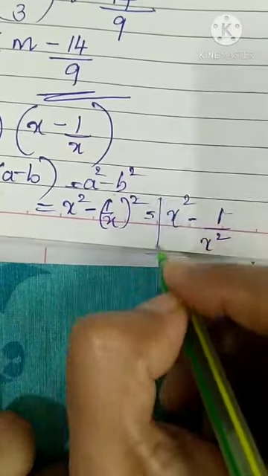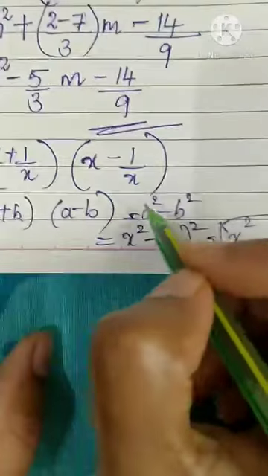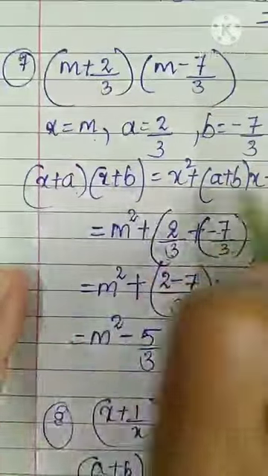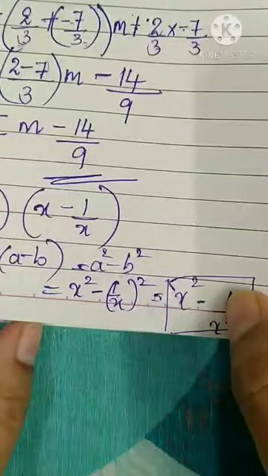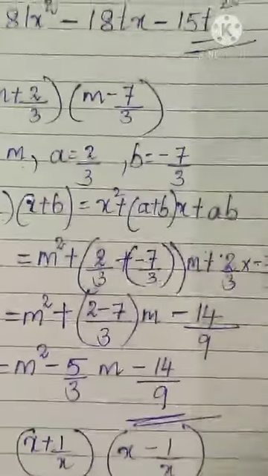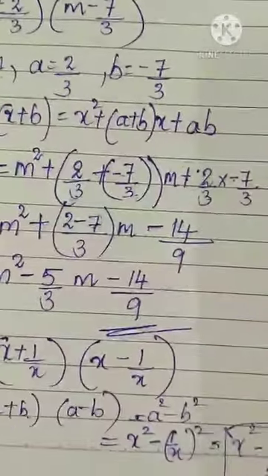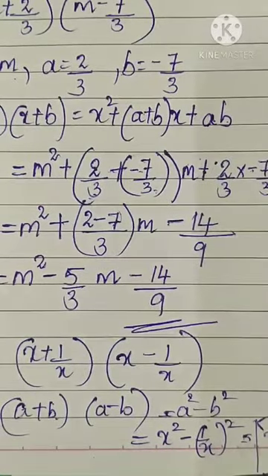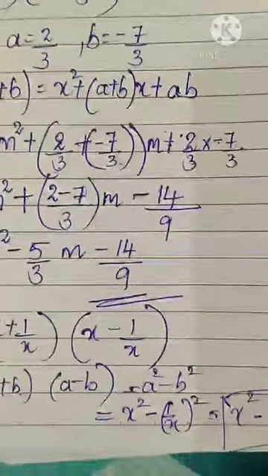So this is the answer. Either use this formula or you use the formula that we learned just now, you will get the same answer. But by using this formula you will get it soon. Okay, so always go for easier steps.